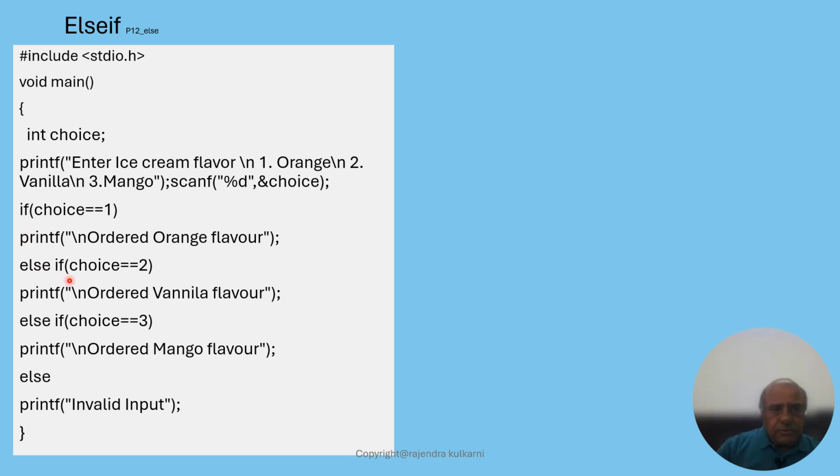Here we are using else if; actually this else corresponds to this if. Then if choice is equal to 1, order orange flavor, else if choice is equal to 2, order vanilla flavor. In this way, the else if statement works.